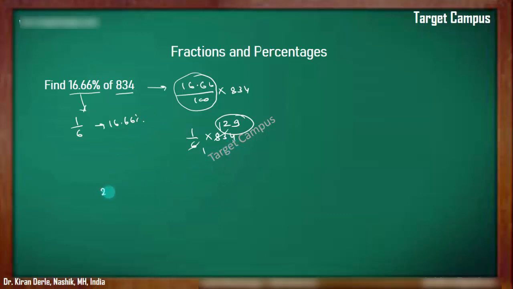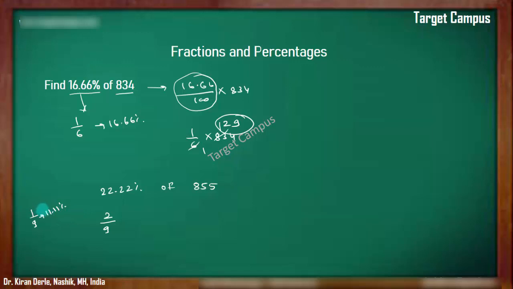What is 22.22% of, let's say, 855? What is this? 22.22% is 2 by 9, right? Because we know 1 by 9 is equivalent to 11.11%.